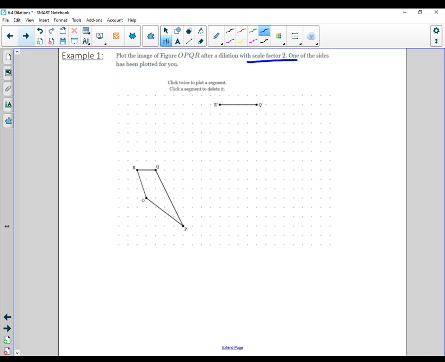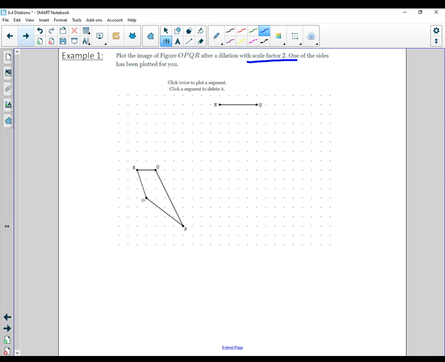So a scale factor of 2, we're dilating this. A scale factor of 2 means that we make each side twice as long. So you'll notice we went 1 dot, 2 dots, but here they went 1, 2, 3, 4. Well, the same thing can happen here from R to O. Notice how far I go down. I go 3 dots down and 1 dot to the right.